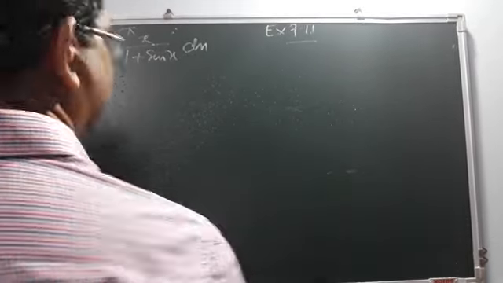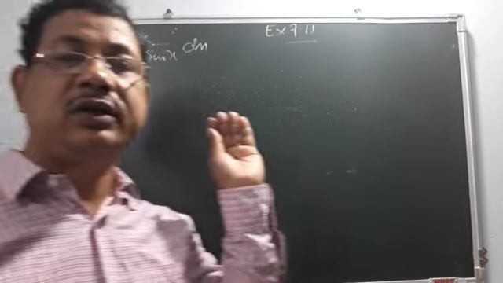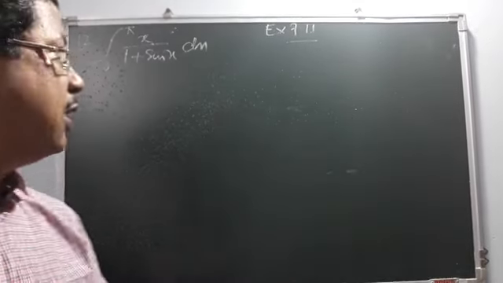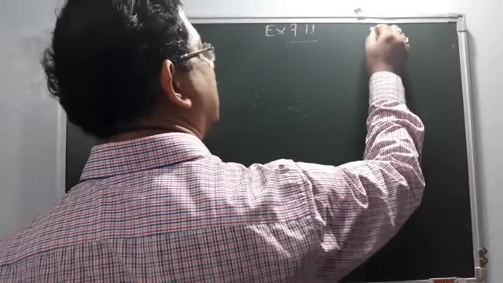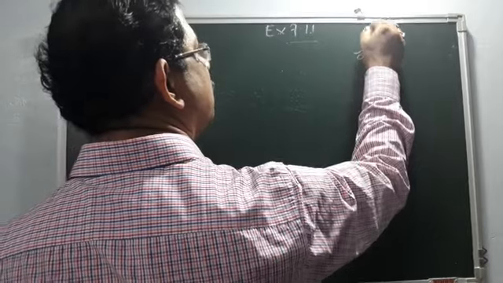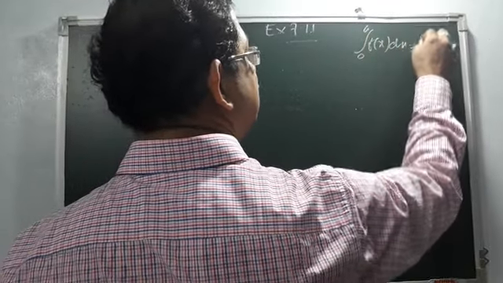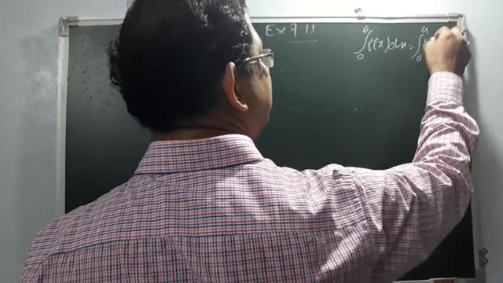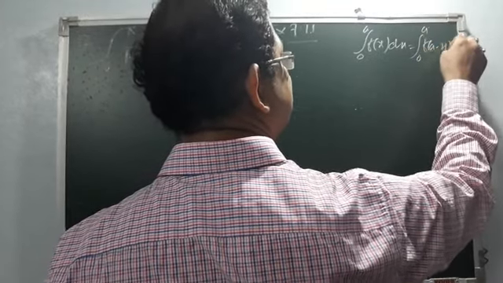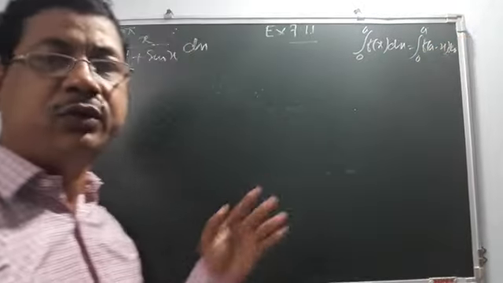In this type of definite integral, we maximum use our third property: integral 0 to a of f(x) dx is equal to integral 0 to a of f(a minus x) dx. This we are using most.